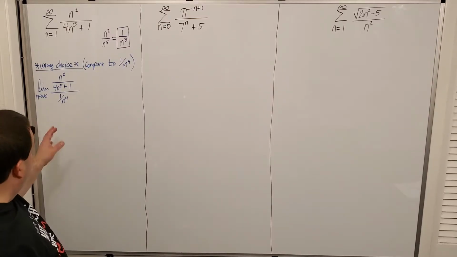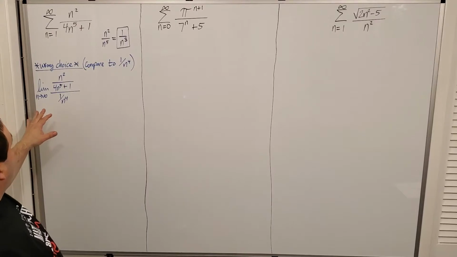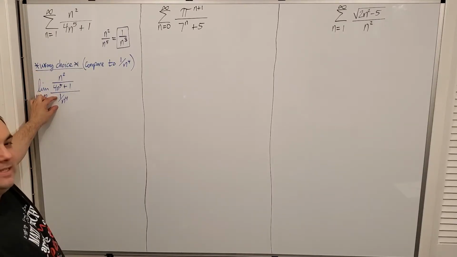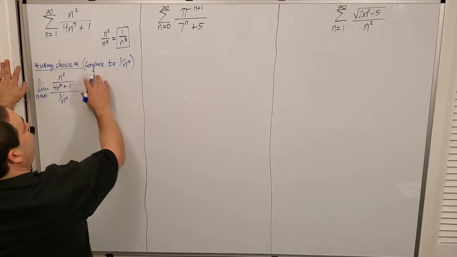Okay? So again, this is the wrong choice to show you what's going to happen with this thing. And all I'm doing is putting my a sub n over my b sub n, right? I'm basically comparing these two series.